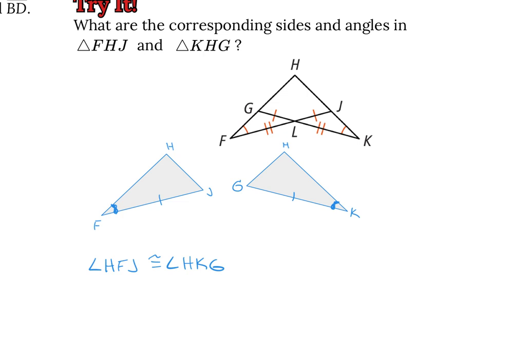So then our sides that are congruent, we know that GL, this one is congruent to KL. Hold on. I messed this up. Okay, this is not okay. GL is congruent to JL.